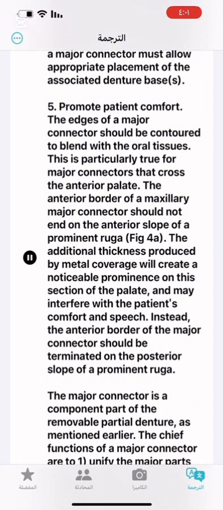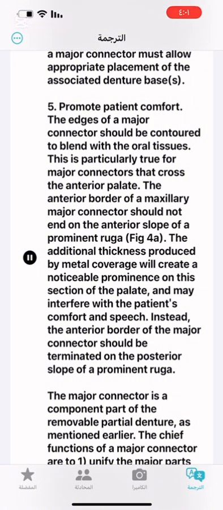The anterior border of a maxillary major connector should not end on the anterior slope of a prominent ruga. Fig. 4. The additional thickness produced by metal coverage will create a noticeable prominence on this section of the palate and may interfere with the patient's comfort and speech.